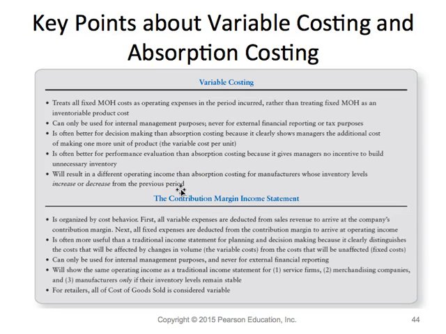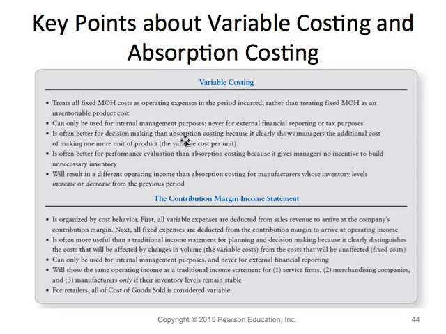Just for your information, you want to take a look at what we described before in this chapter, before we talked about variable and fixed costing. Basically they were the traditional absorption costing.